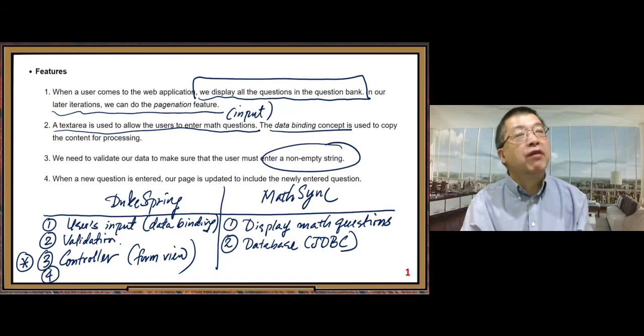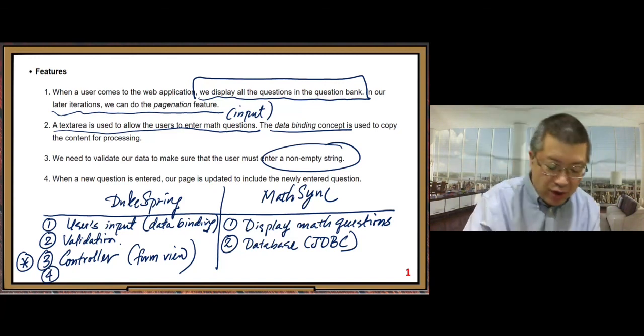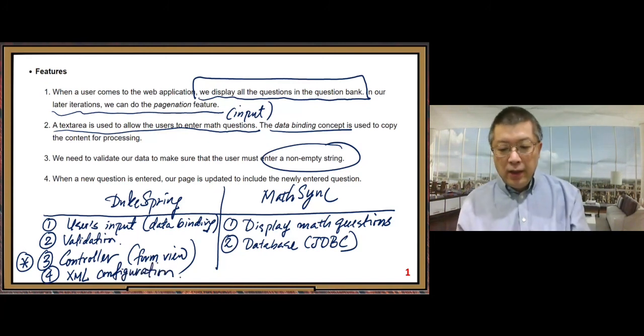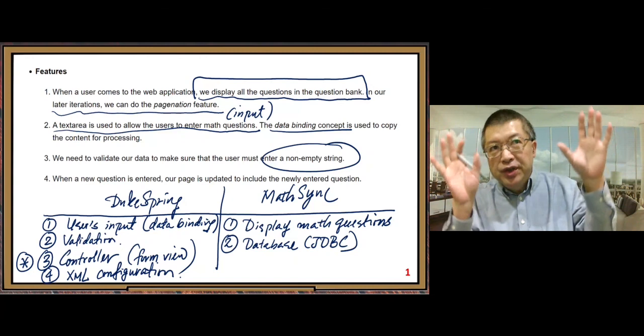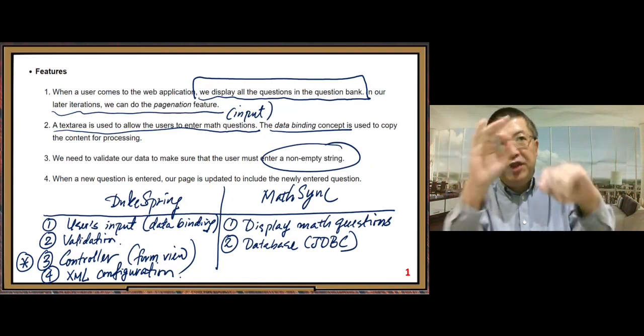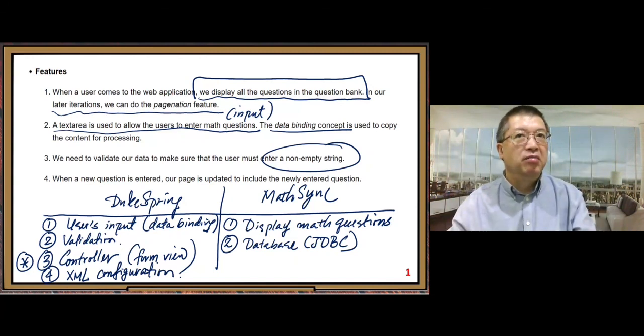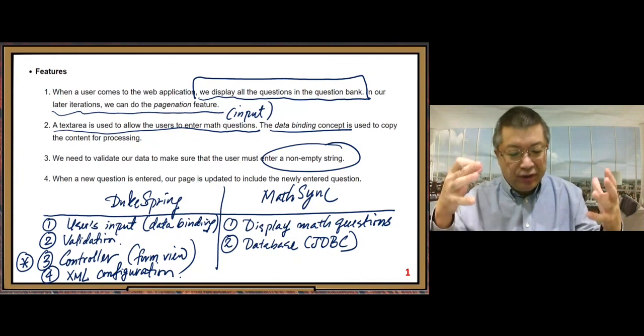Because for Spring MVC configuration, we need to use the Duke Spring configuration, the XML configuration. So you can see in this way, we can pretty much cover all the features. But we need to do some work.